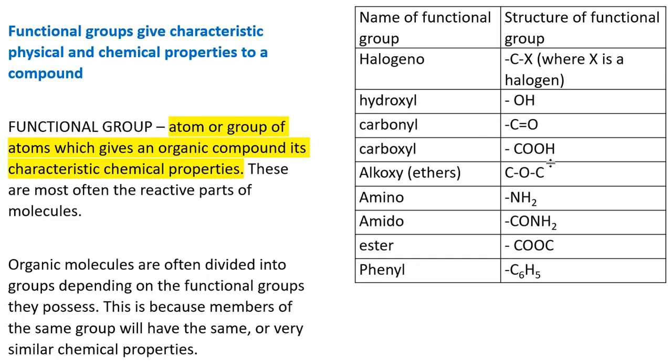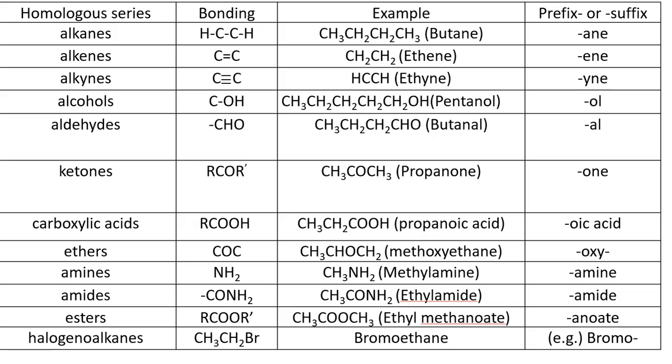Compounds that contain COOH are carboxylic acids. I've got my ethers, alk, oxy, alk, because a carbon backbone on either side of the molecule is separated by an oxygen. Amino, based on ammonia, and then the less common amido, ester, phenol.